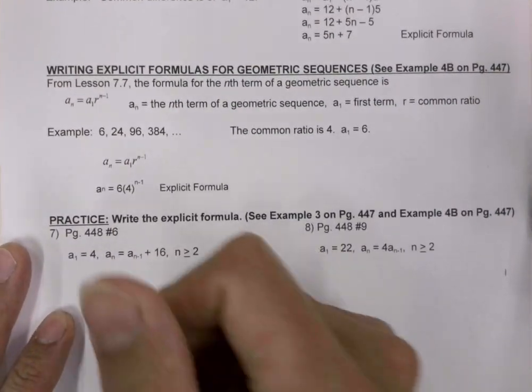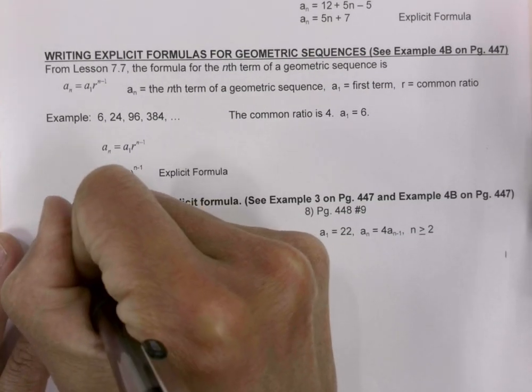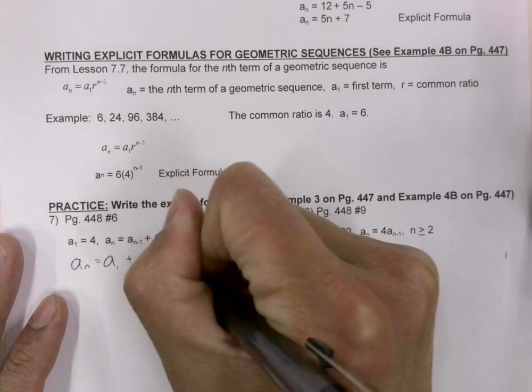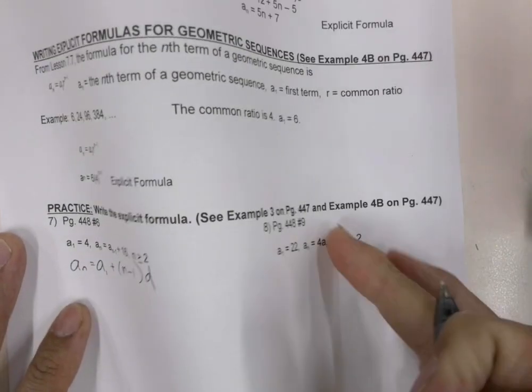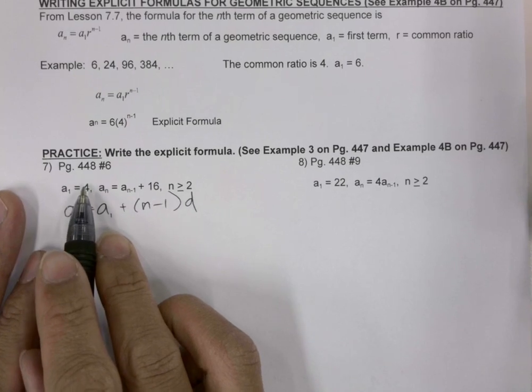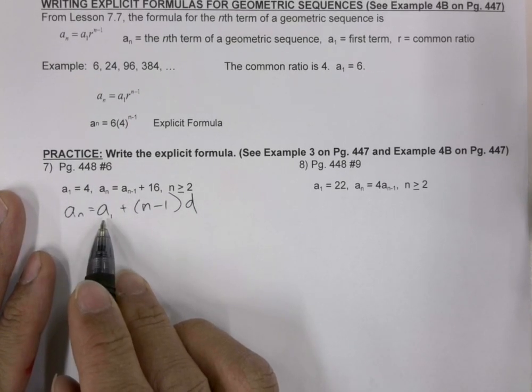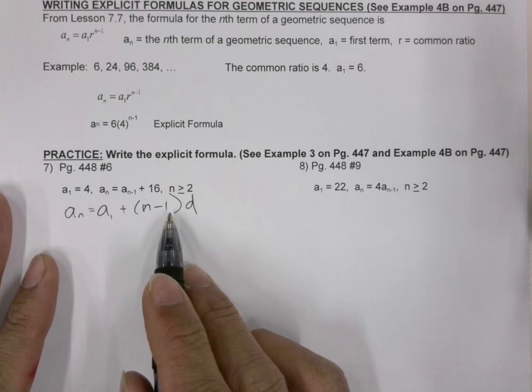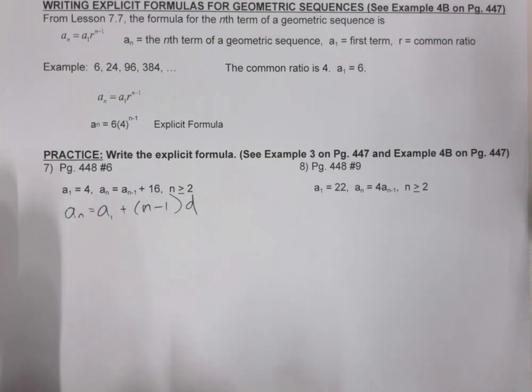So let me go ahead and write that down here. It's a sub n is equal to a sub 1 plus n minus 1 times d. So I'm going to go ahead and substitute in 4 for a sub 1, and we can see here in our formula that d is 16.